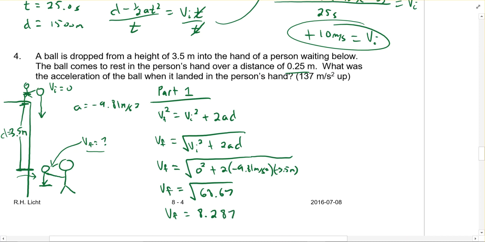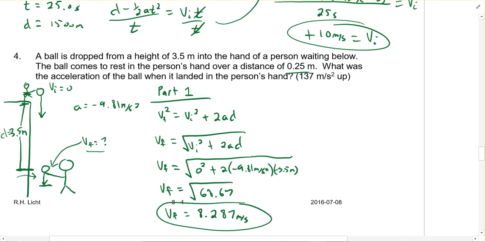And I left a few more decimal places than I would probably want to here, just because I want to leave a string of decimal places until my final answer. So I'm going to leave it as that. That's probably good. I think I'll be accurate enough. So it's that meters per second. Okay, so that's part one. That's how fast this thing is going to be going when it hits his hand.